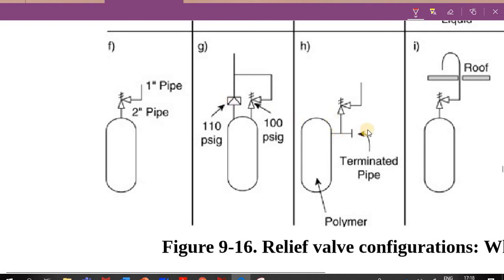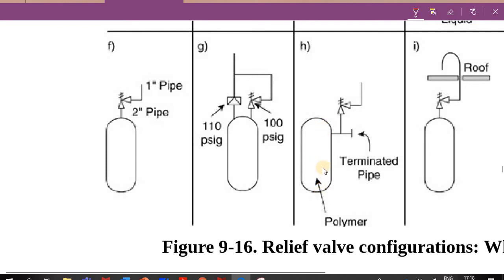What about H? What is the problem? So we have a polymer here, and we have a terminated pipe. I may have given a hint about polymer, that it may plug or block things. And so what do we have here?